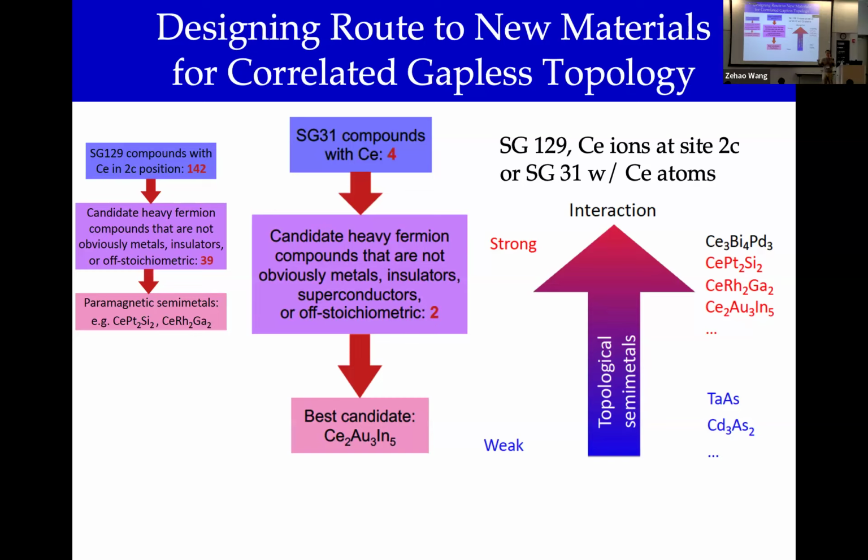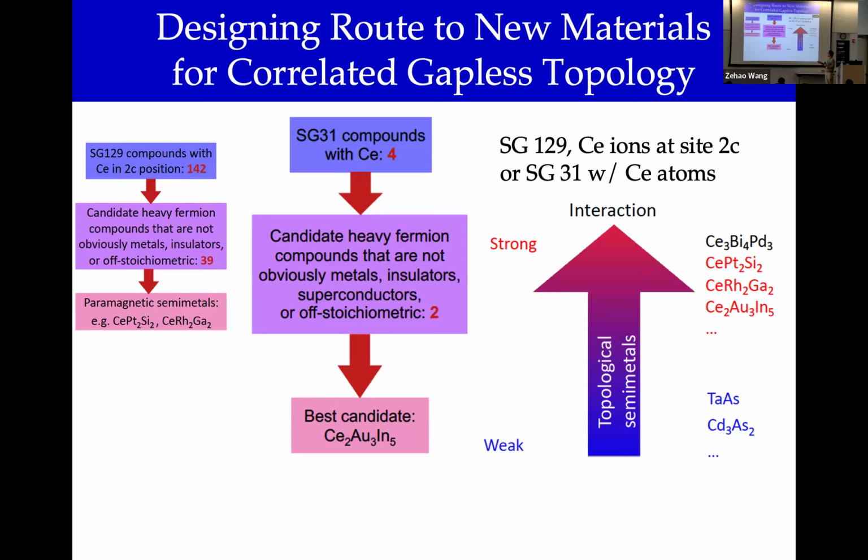We just want to start with an example, and cerium is a canonical heavy element for creating heavy fermion compounds. Why not? That was really the motivation.